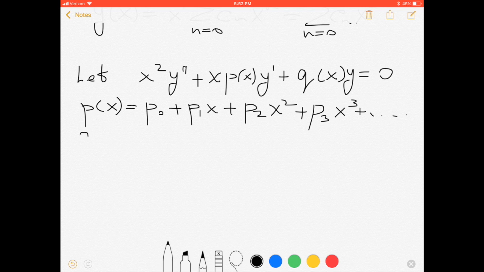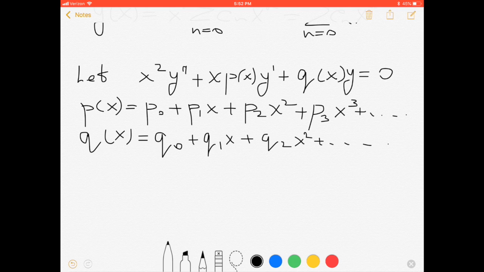And q(x) will be q0 plus q1 x plus q2 x squared, and so on.